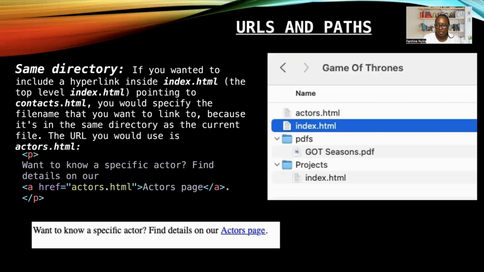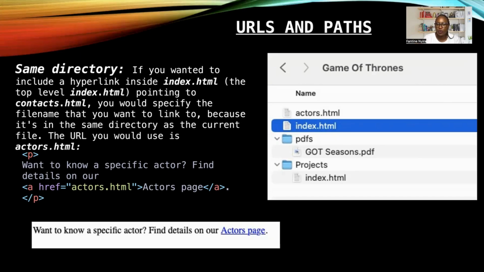If we are working in the same directory and you want to include a hyperlink inside index.html, the one on the root level, pointing to actor.html, you will specify the file name that you want to link to, because it's in the same directory as the current file.